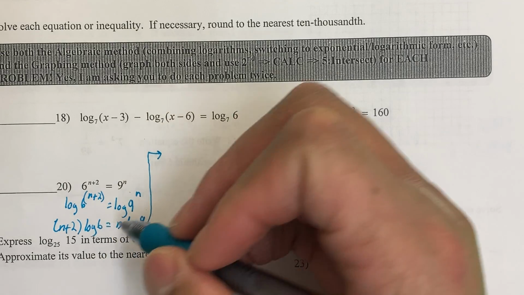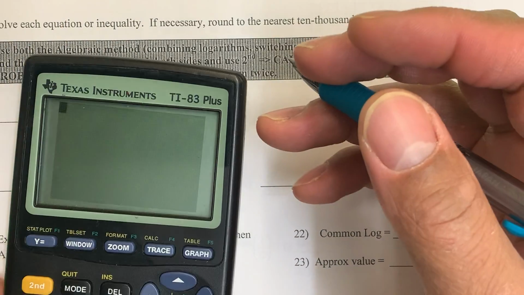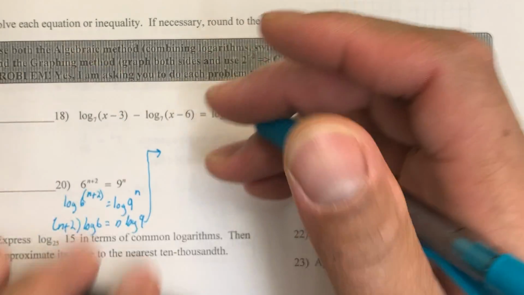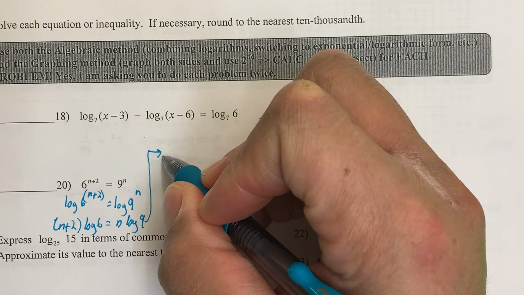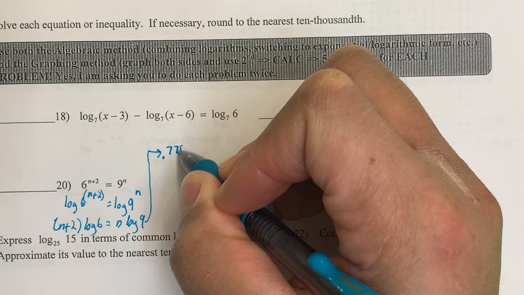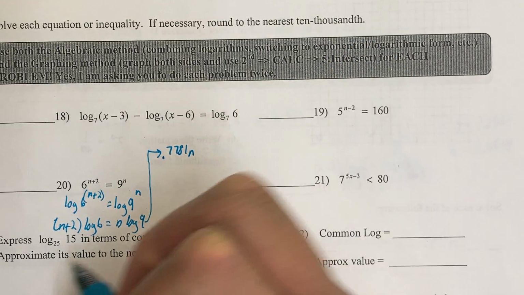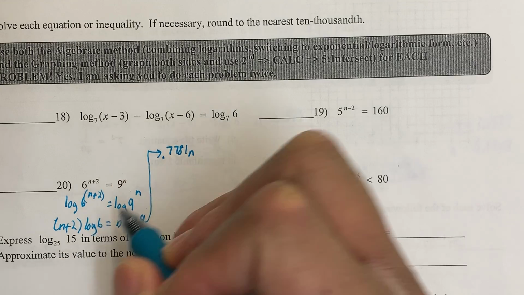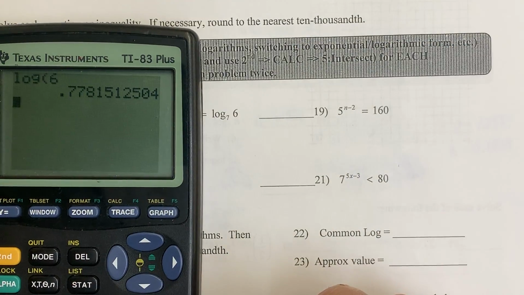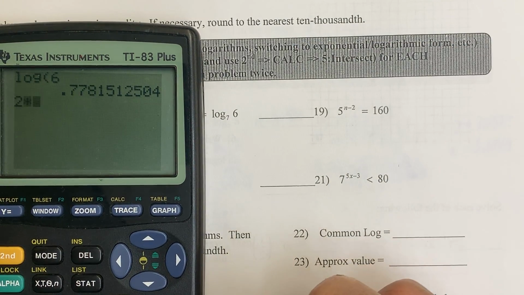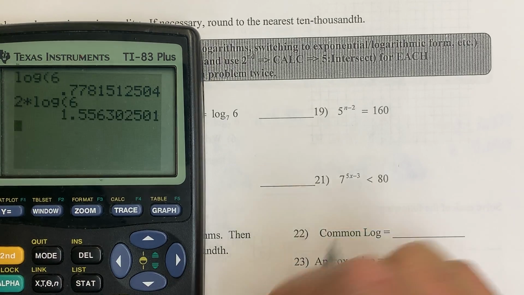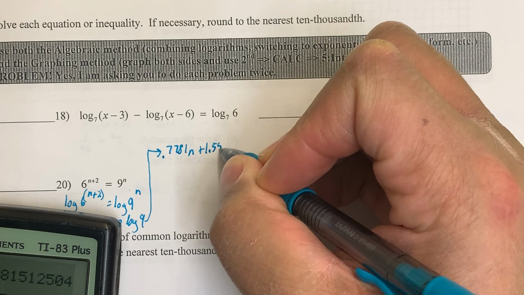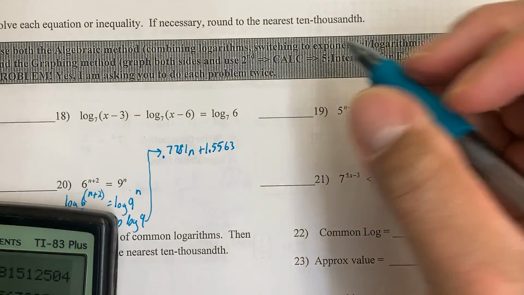So if I distribute log of 6, which is 0.7781, then this becomes 0.7781n, right? Distribute that there, plus 2 times log of 6, which I get as plus 1.5563.